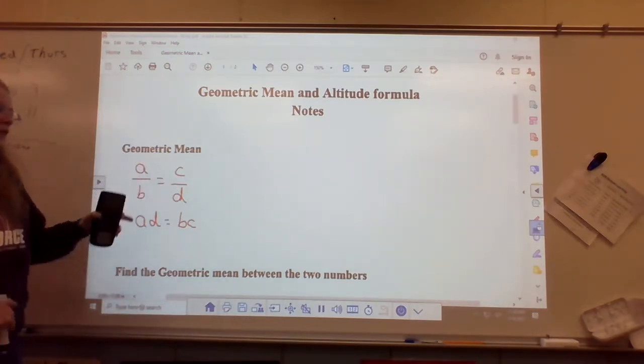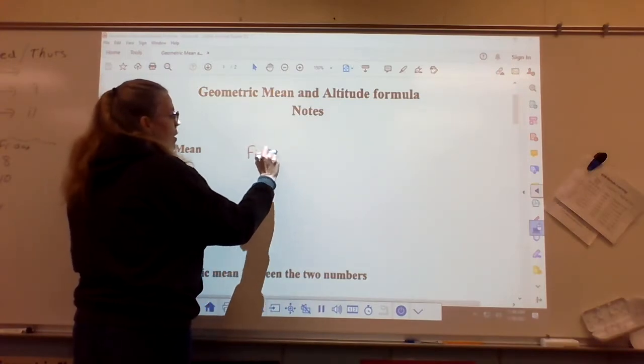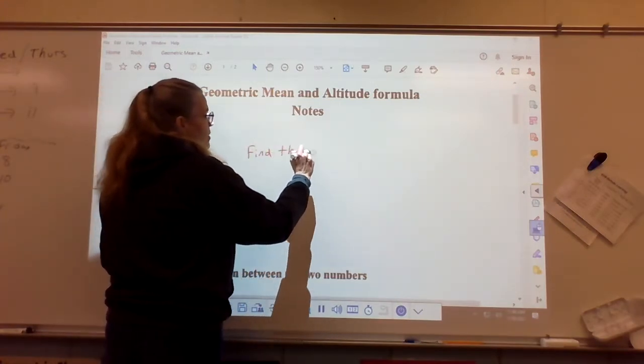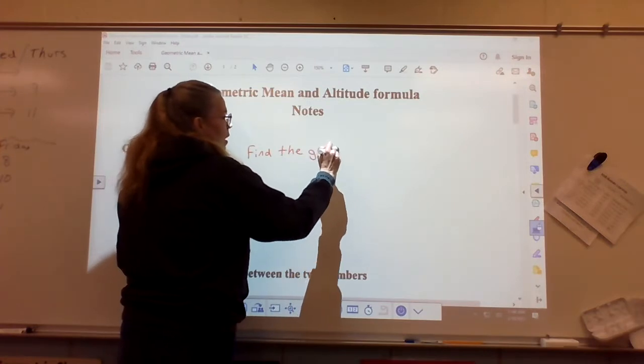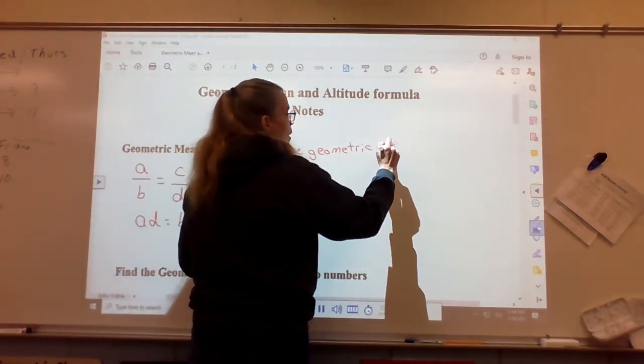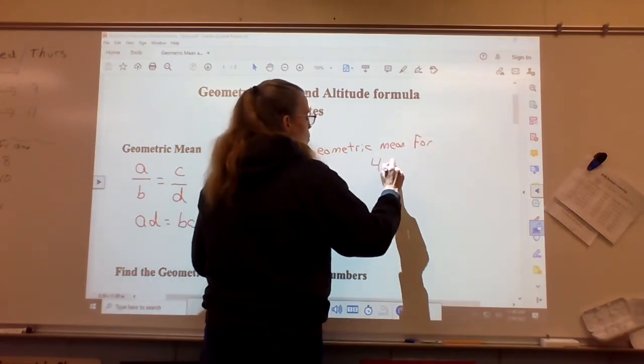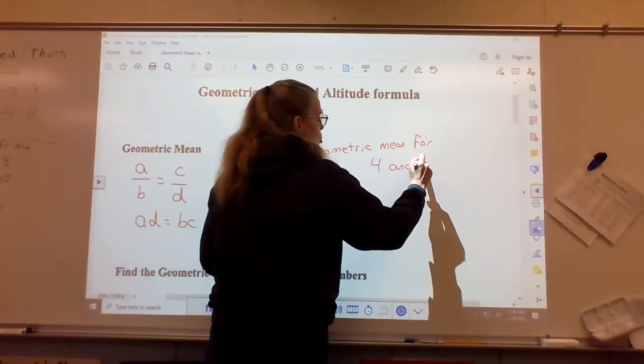Now, geometric mean. Let's say I give you a problem that says find the geometric mean for 4 and 25.